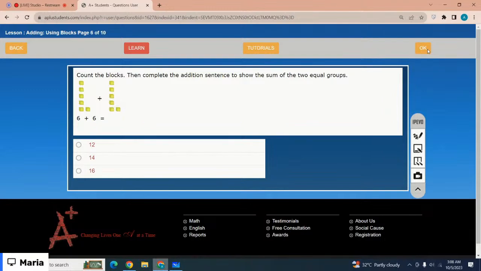Okay, the next one is count the blocks, then complete the addition sentence to show the sum of two equal groups. You have to add 6 plus 6. So 6 plus 6 makes.